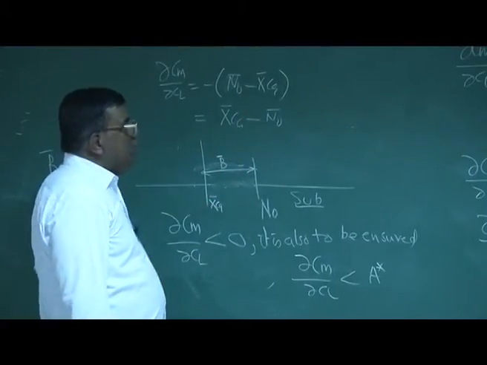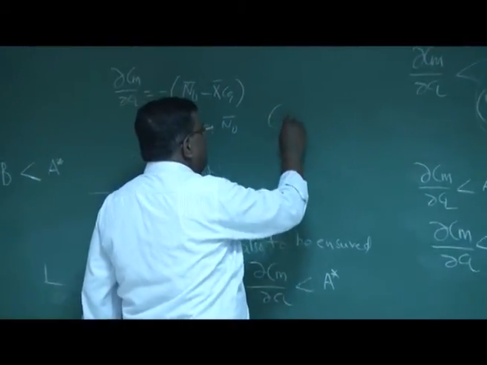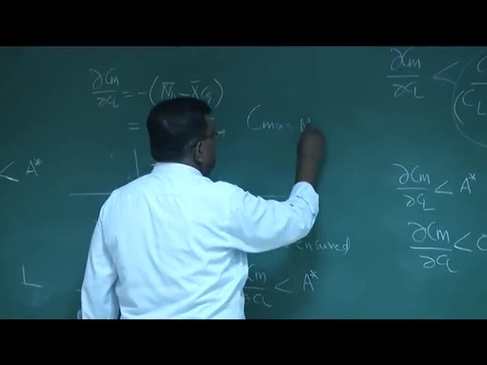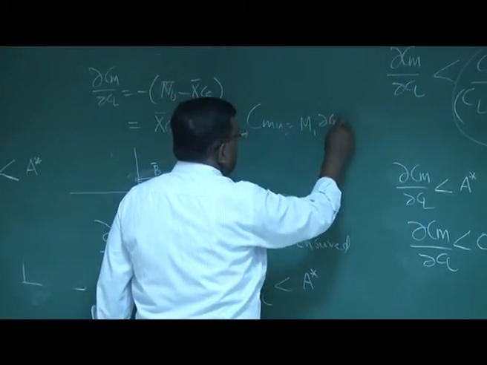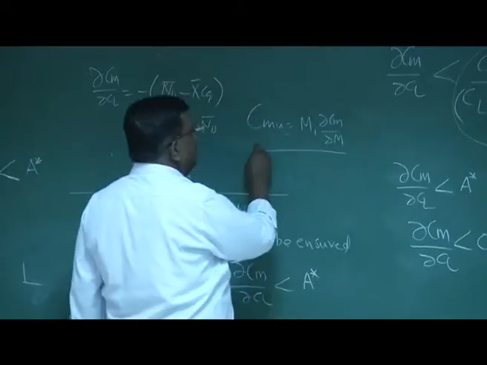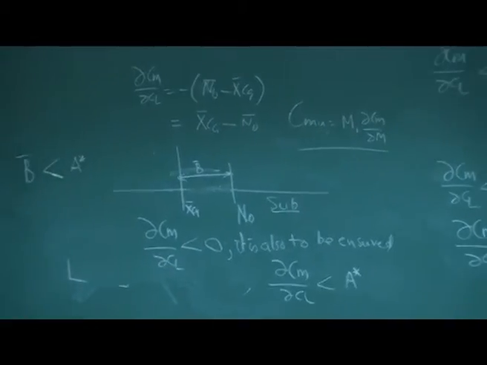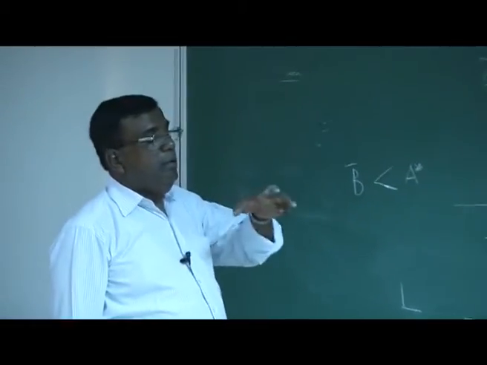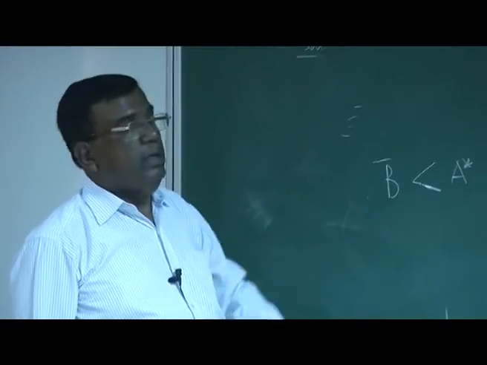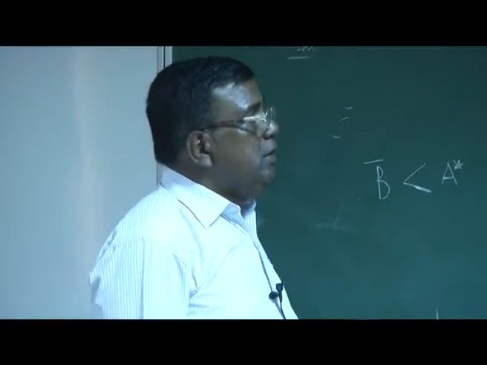CMU, which is nothing but M1 dCm/dM, plays an important role through a phenomenon called tuck under. As speed increases to supersonic, the AC of the tail goes backwards, so the tail moment increases and an additional nose down moment comes, which is known as the tuck under effect.